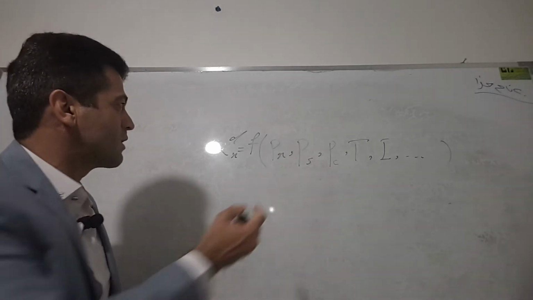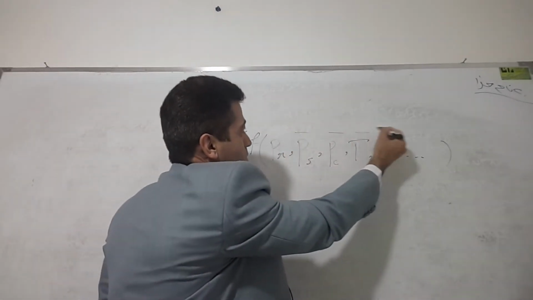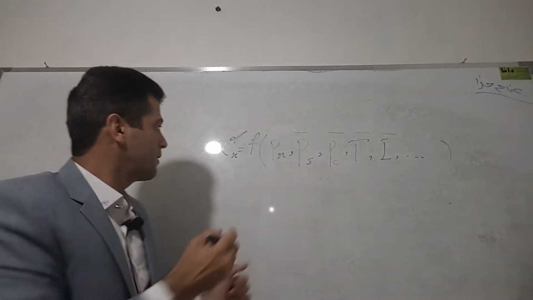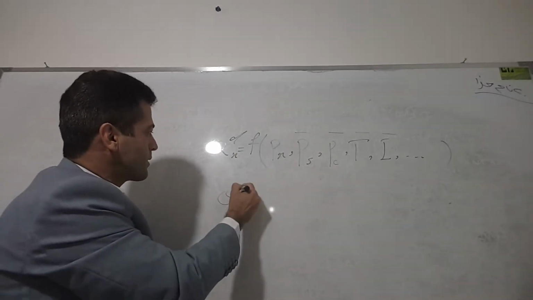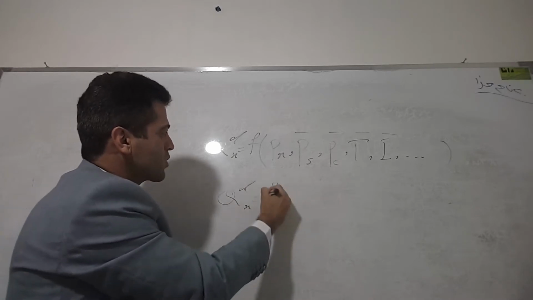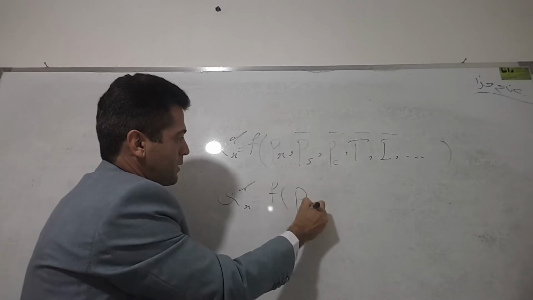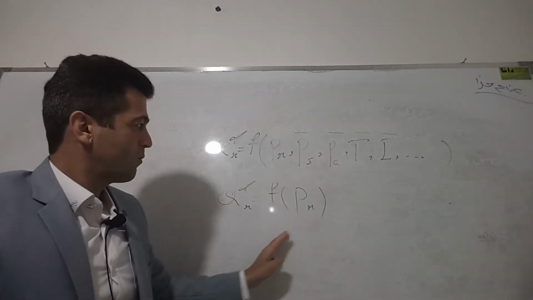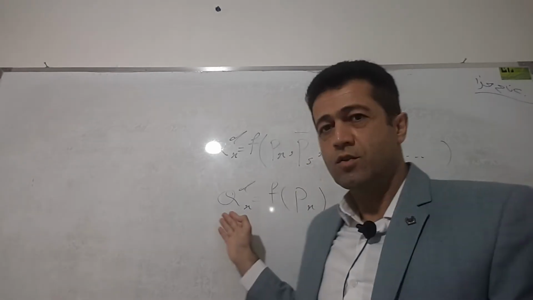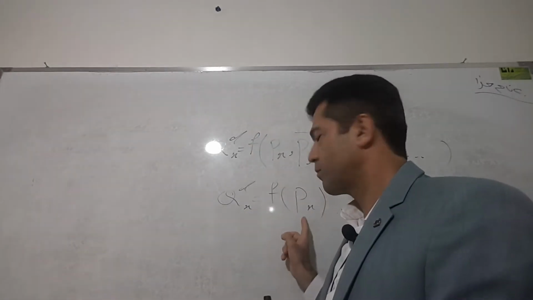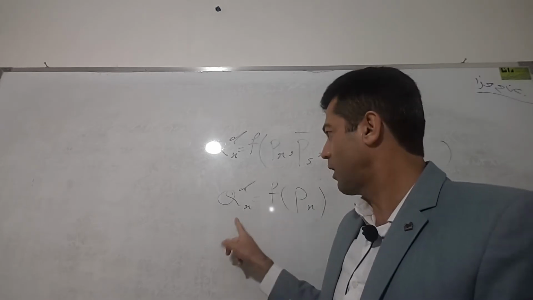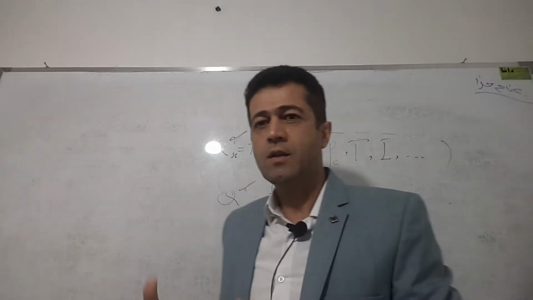For this reason, we consider all factors constant other than the price of the good. So we can represent it like this: QD equals a function of Px. Here we just want to check the effect of the price of the good on the quantity of demand.